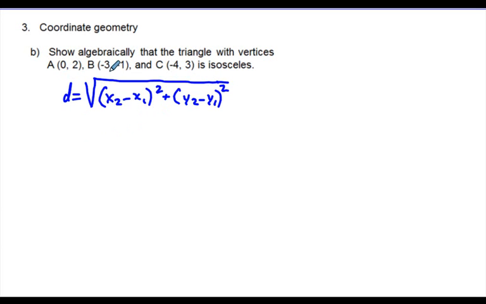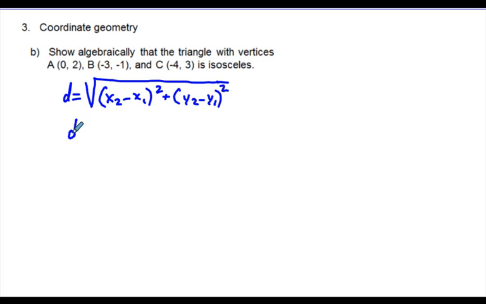And so for the distance opposite angle C, we are going to have the distance between points A and B, because C is the angle opposite the line segment AB.